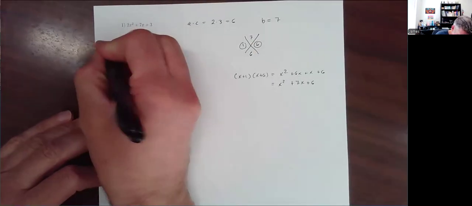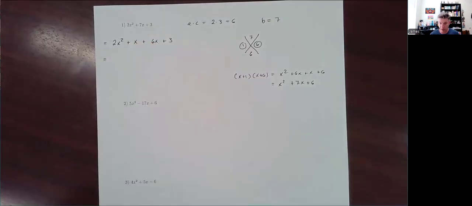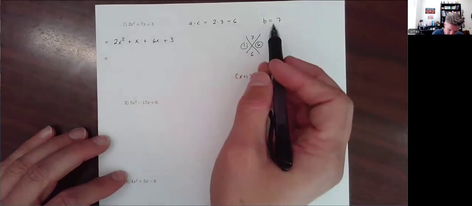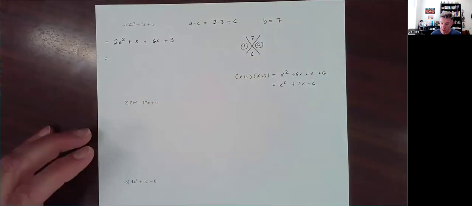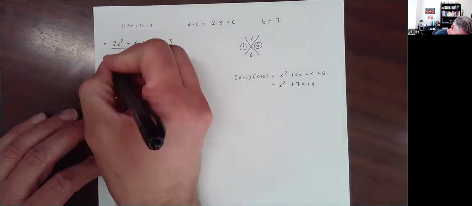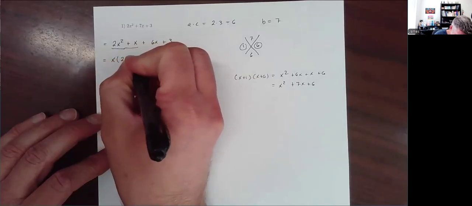So then we're going to, and this should always work, factor by grouping. If you can find numbers that multiply to a times c and add up to b, this next step should always work. The first two pieces, the greatest common factor is x. We're left with a 2 times x plus 1.